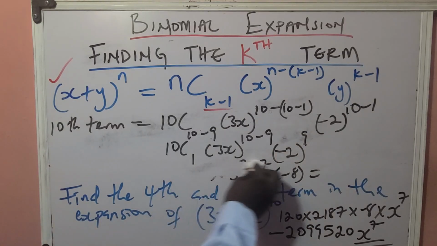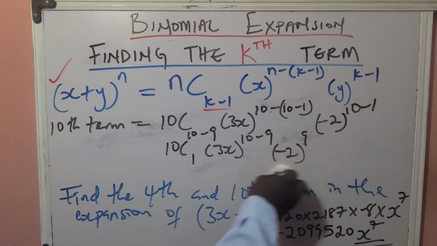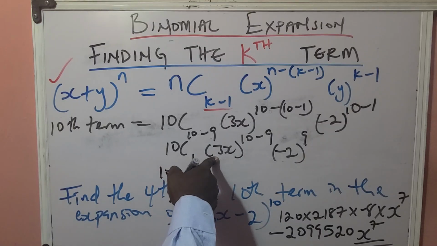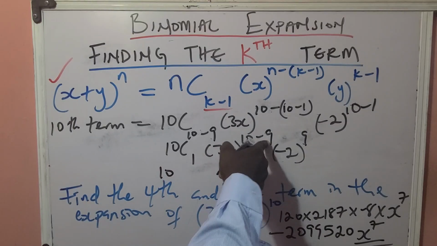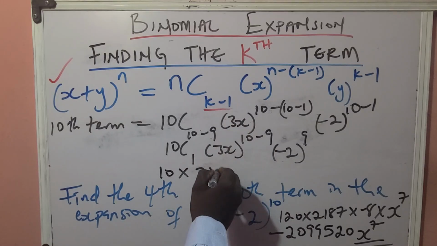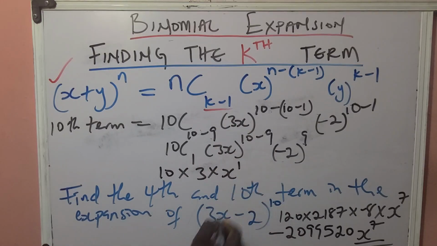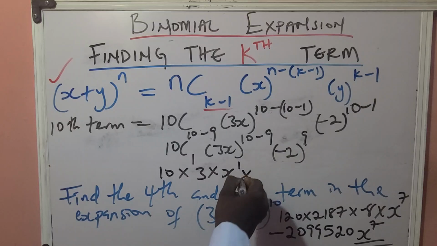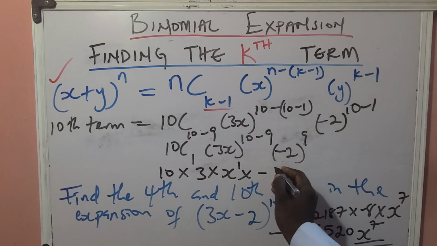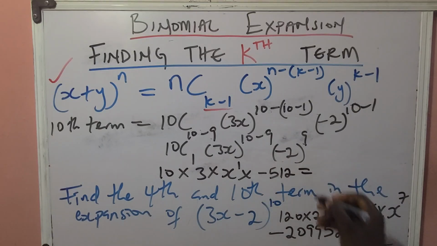10 combination 1 will give me a total value of 10. So that'll be 10 times 3 raised to power 1, because this will be 3 raised to power 10 minus 1, which is minus 9, that is 1. That'll be times x raised to power 1 also, and times minus 2 raised to power 9, which will give me a total value of minus 512.